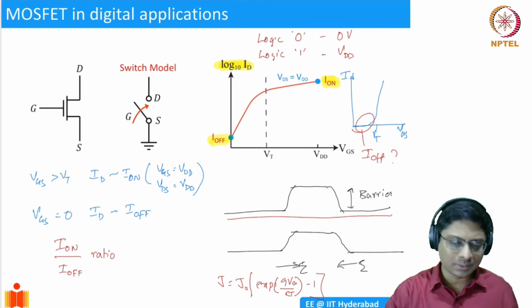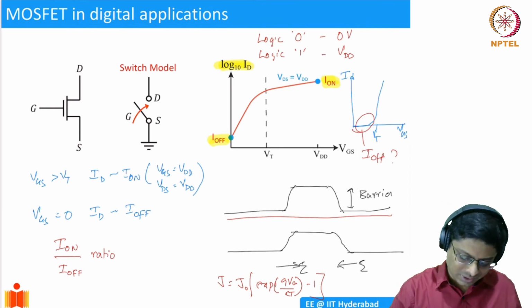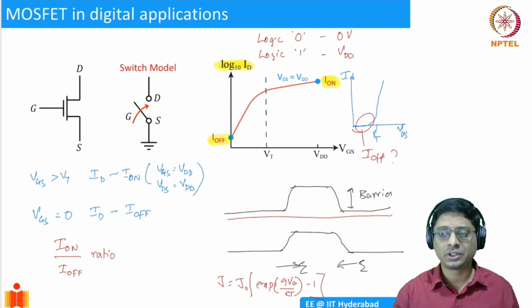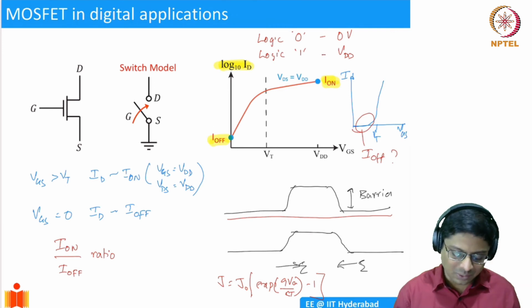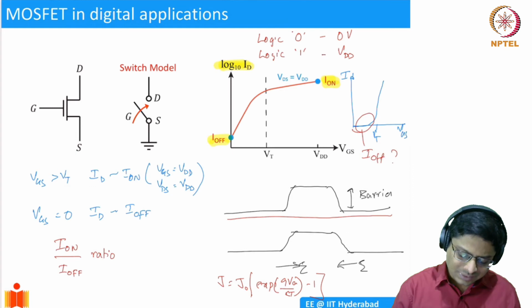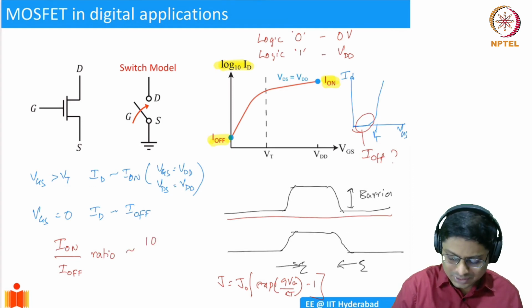And what is a typical number? This I on is going to depend on various geometrical parameters. For example, current is dependent on width, length, and so on, right? And also on how effective the channel is in actually controlling that. So I'll just take a typical number, let's say about 10 power minus 4 amps.